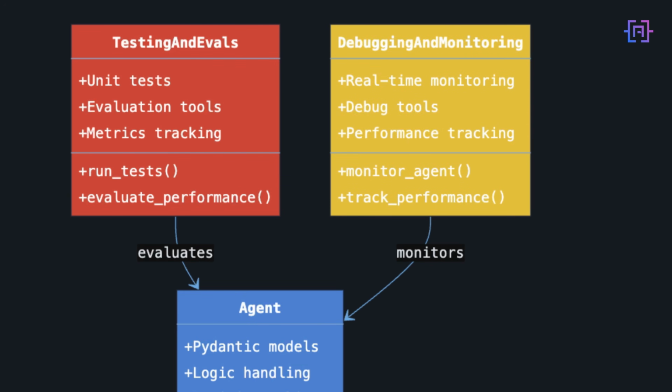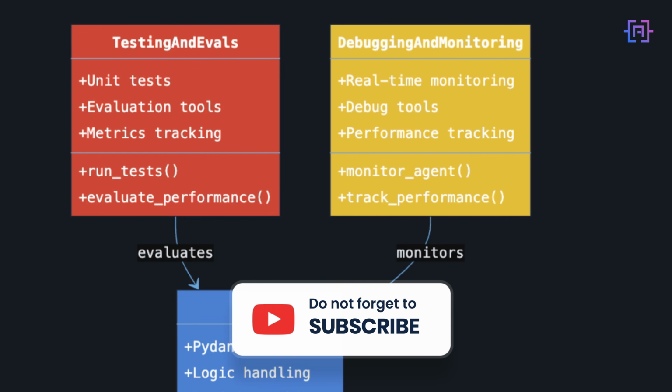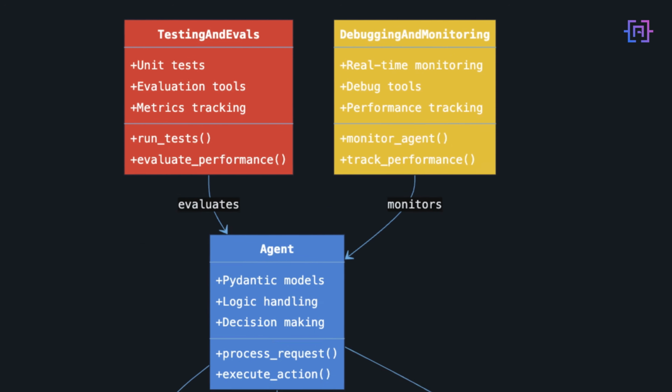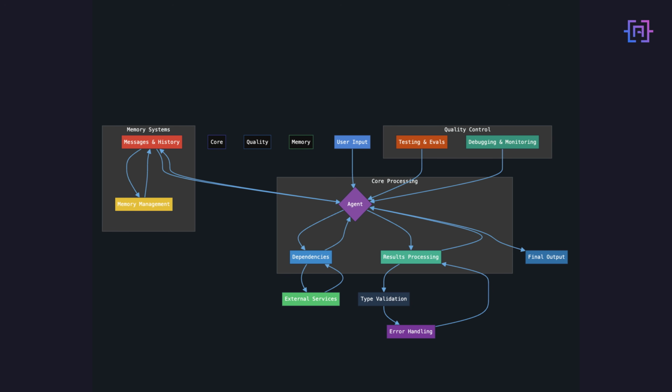The testing and evaluation component provides comprehensive quality assurance through its integrated testing framework. It combines automated evaluation tools with detailed performance metrics, allowing developers to thoroughly assess and validate their AI systems. This framework ensures that every aspect of the system performs as expected under various conditions.